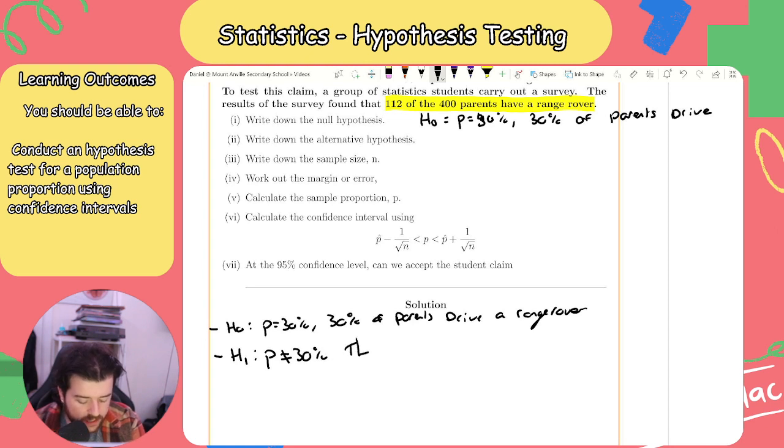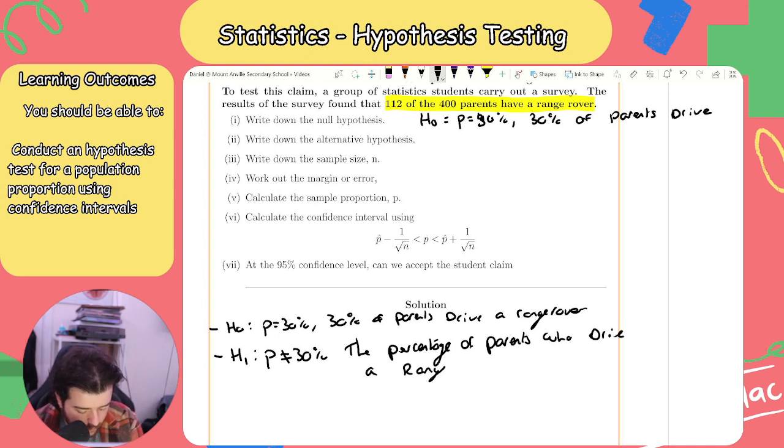So the percentage of parents who drive a Range Rover is not 30%.